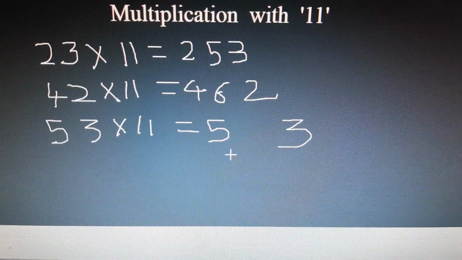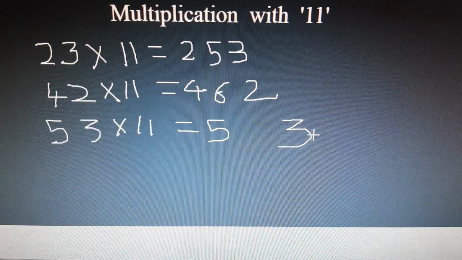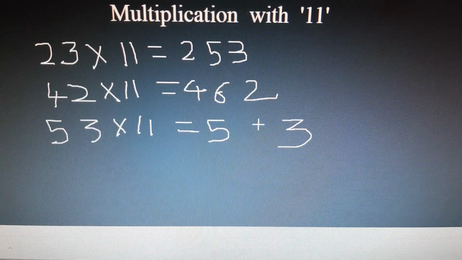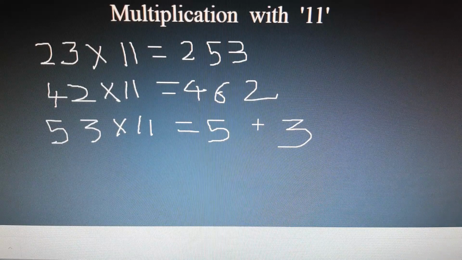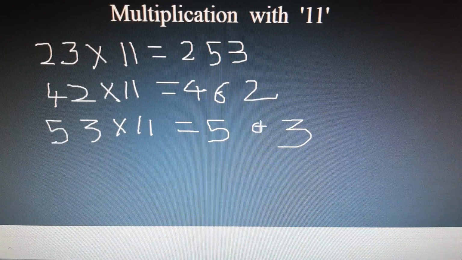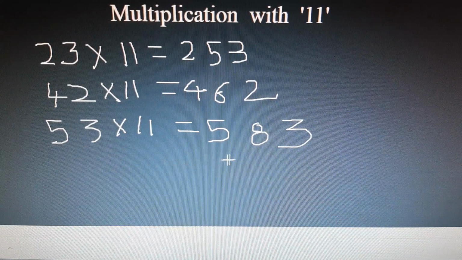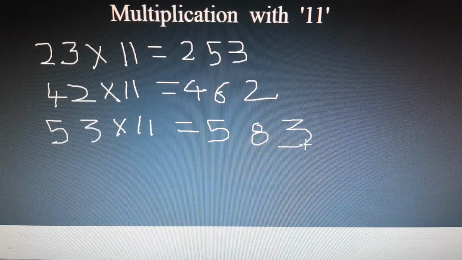Okay, now you have to add both the figures. 5 plus 3 is, who will tell me, 5 plus 3 is 8. Okay, so the answer is 583.